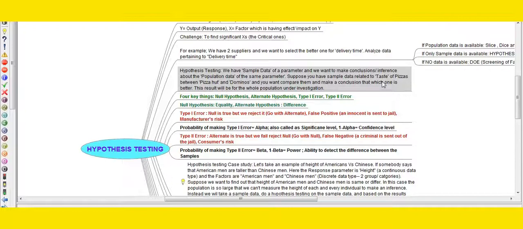Maybe today a lot of brands are keeping track of population data also. So in case we have population data, then there is no need to go for hypothesis testing. Simply we can slice, dice and visualize the whole population data.